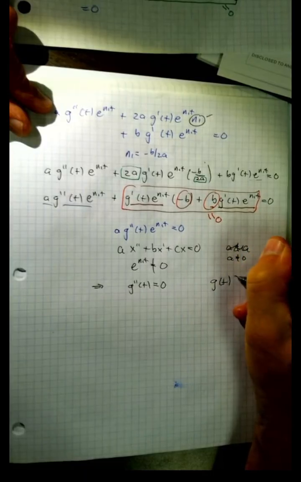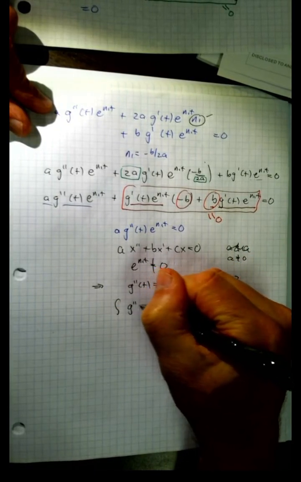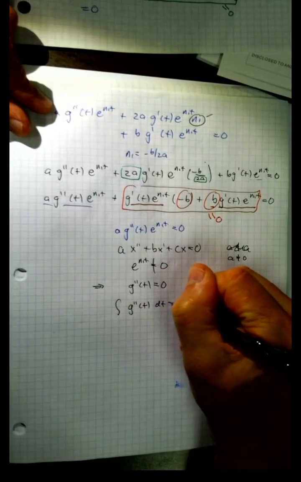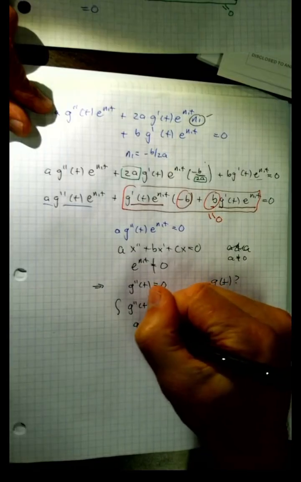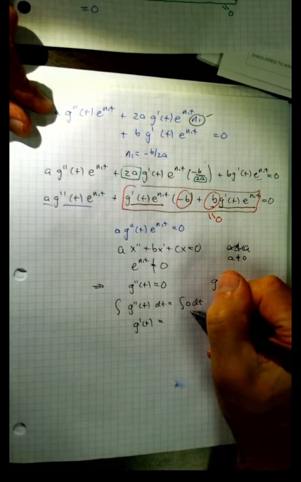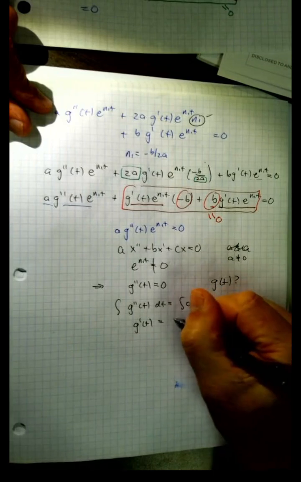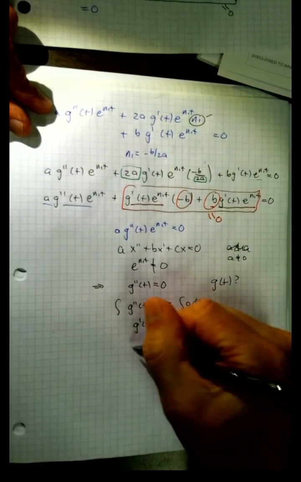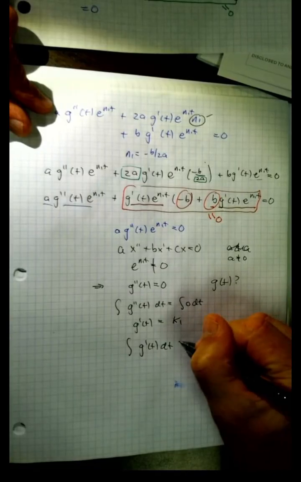So the question now is, what is g? Well, I'm going to get rid of one of the derivatives by taking the antiderivative. Antiderivative of g double prime is just g prime. Antiderivative of 0 is just going to be a constant, and I'm going to call that constant K1. And now I take the antiderivative of both sides again to get g.